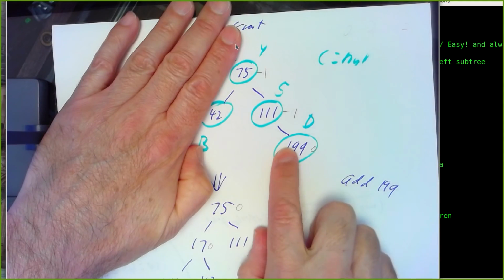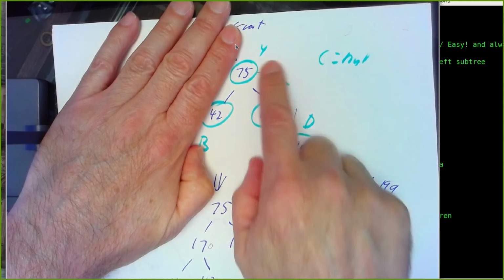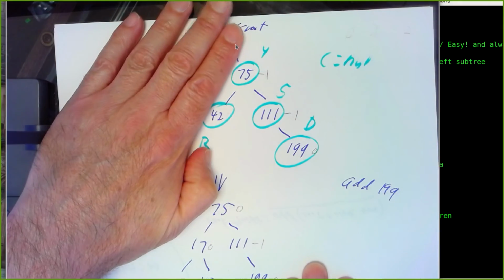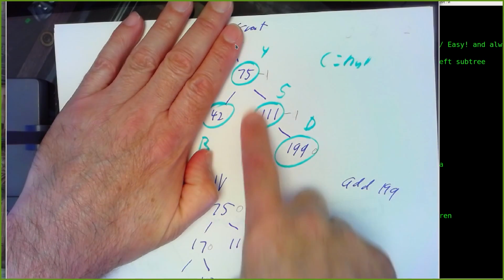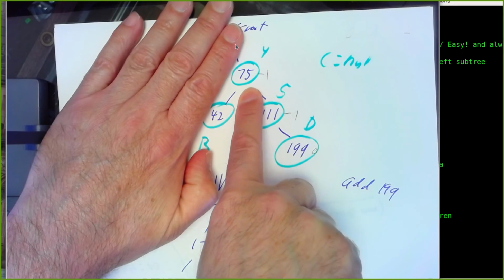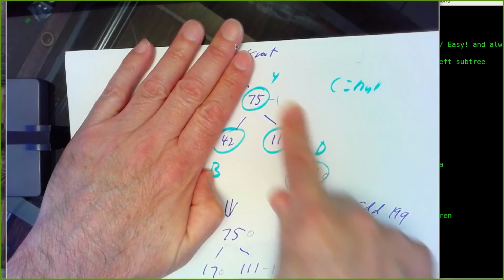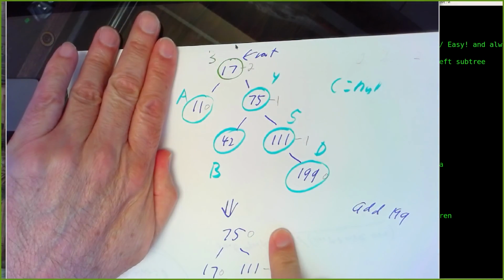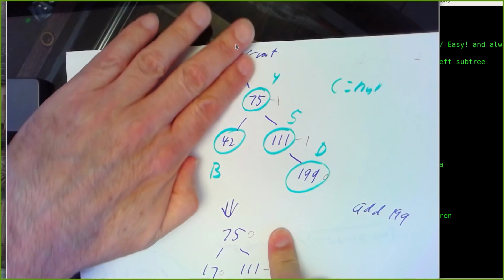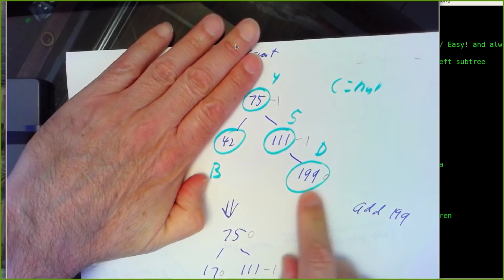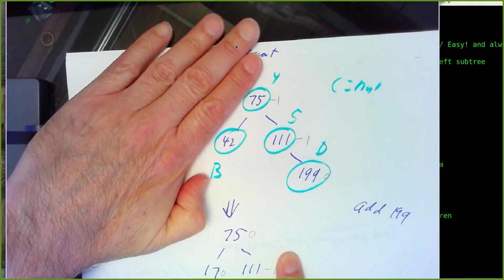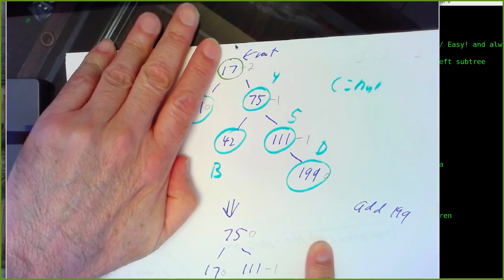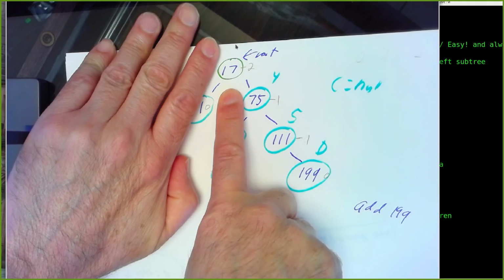And I said, well, 199 is bigger than 75, so let's insert into the right and then make the right subtree of 75 the result of that insert, and then the adjustment I call will be done on this 75 node. And that insert into this tree happened because I originally said let's insert into this full tree, and since 199 was bigger than 17, I made a recursive call which said insert 199 into this tree, and then make 17's right subtree equal to that result, and then I'll call adjust on this 17.